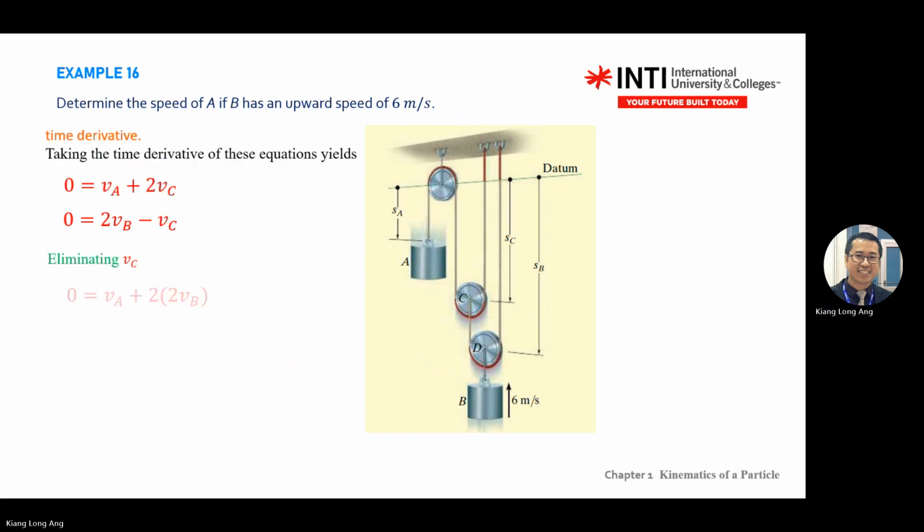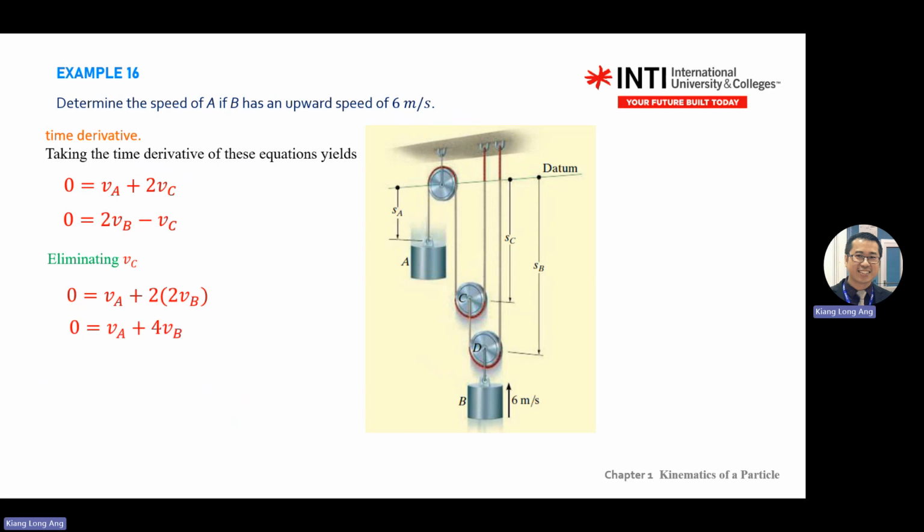So if you want to eliminate C, what do you do? Substitution. It's like solving simultaneous equations. So you substitute, because here you move VC over here. VC equals 2VB, you substitute inside here.